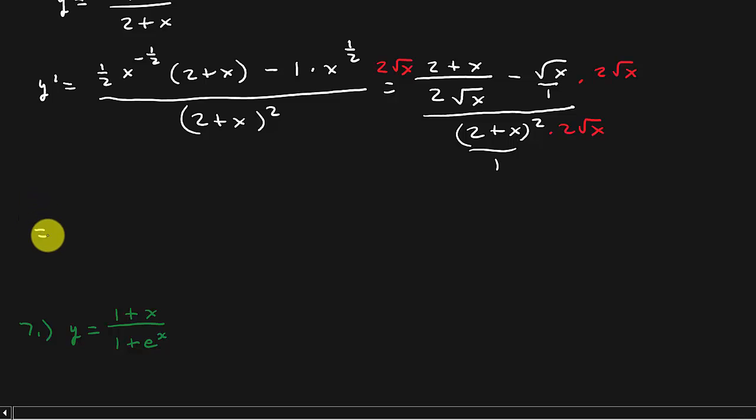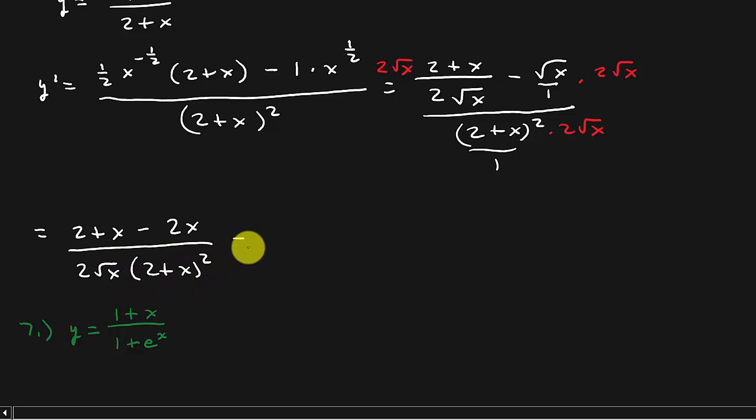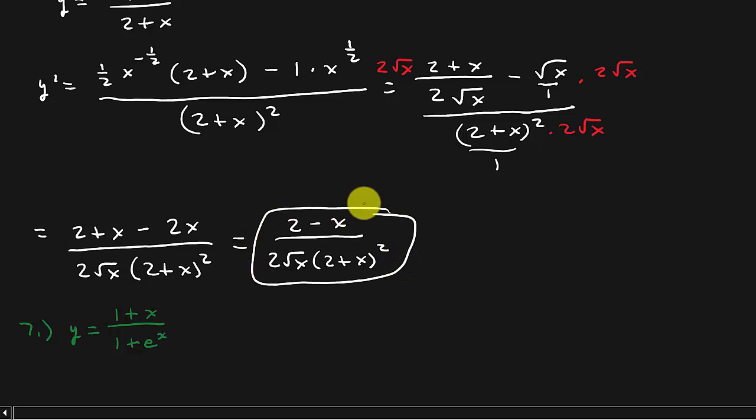This is going to give me 2 plus x minus, and then this times this, that's going to be 2x, over 2 square root of x times 2 plus x squared. This is going to leave me with 2 minus x over 2 square root of x times 2 plus x squared. And there's your derivative. All that is, is simplifying a complex fraction.